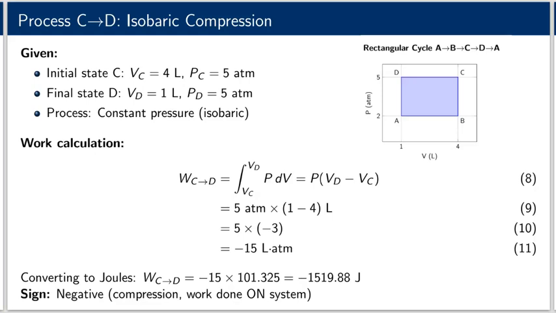So the change of volume is negative, so 5 times minus 3, that will be minus 15 liter atmosphere. Again converting to joule, work C to D will be minus 15 into 101.325, that will give minus 1519.88 joules. The negative sign indicates work is done on the system during compression.